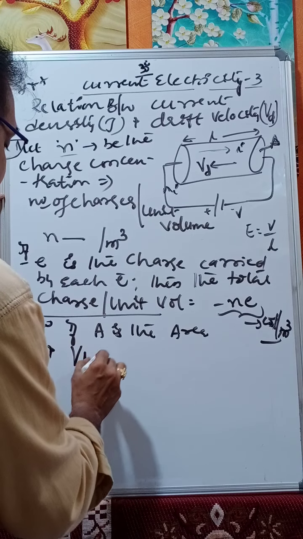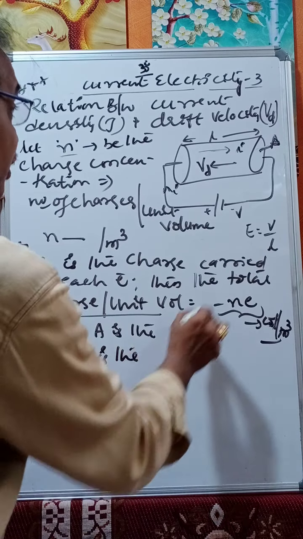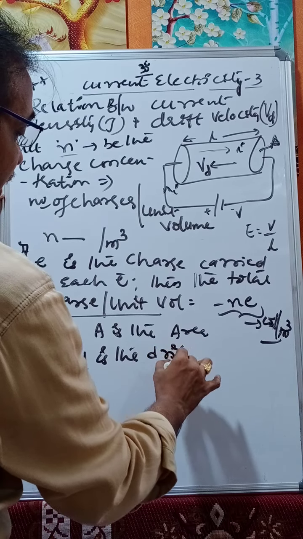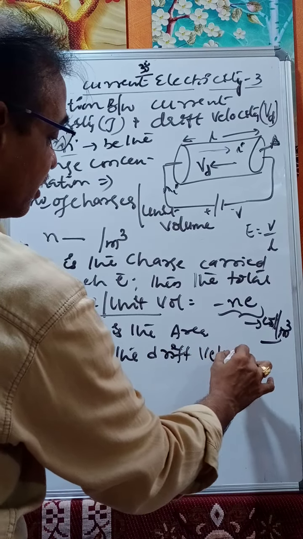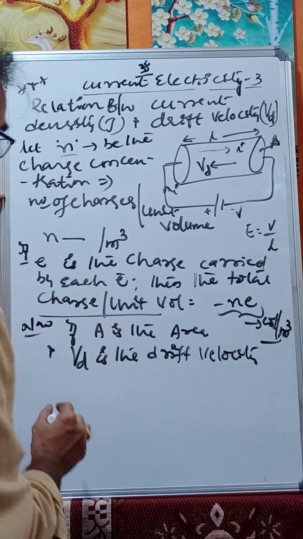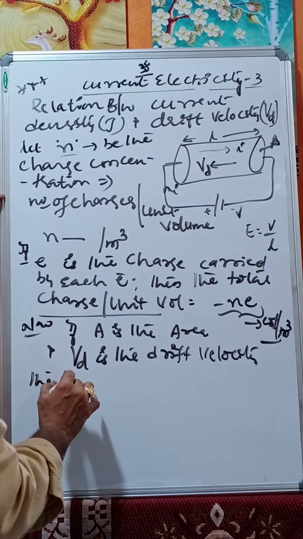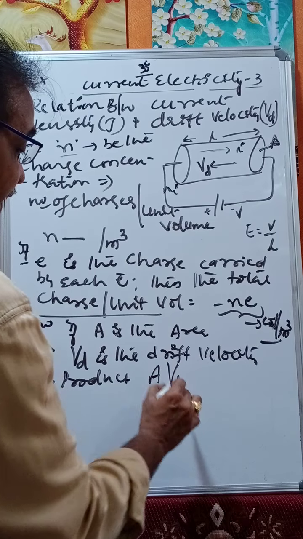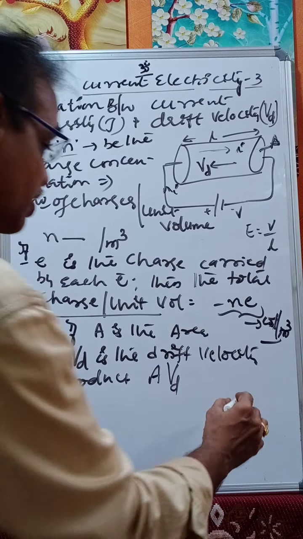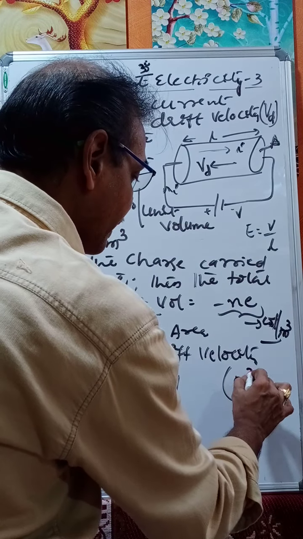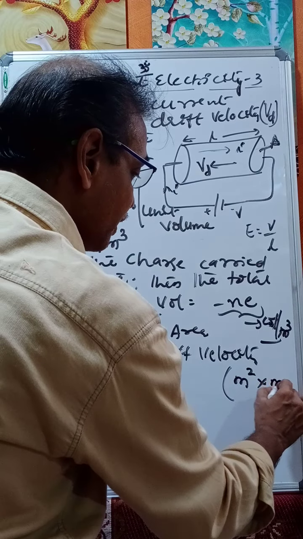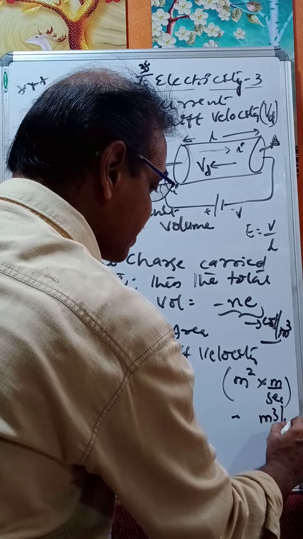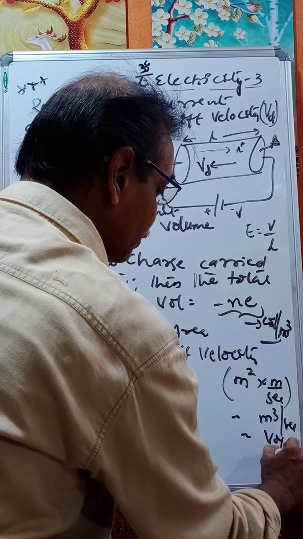Now if A is the cross-sectional area and Vd is the drift velocity, then what does the product A into Vd give? Area into velocity. Area means meter square, velocity means meter per second. It becomes meter cube per second, that is volume per second.